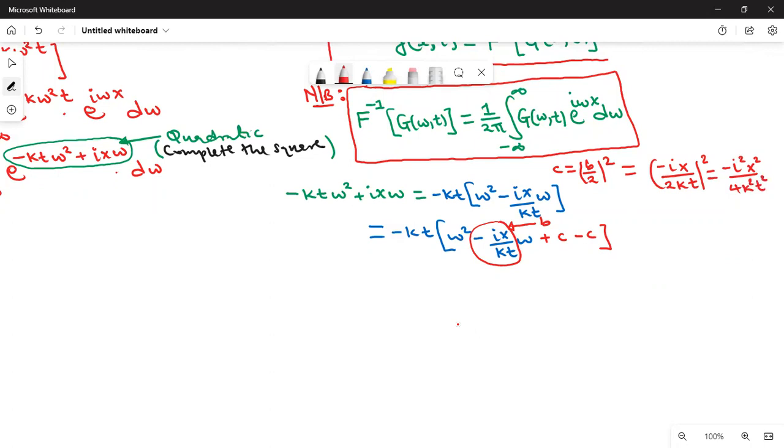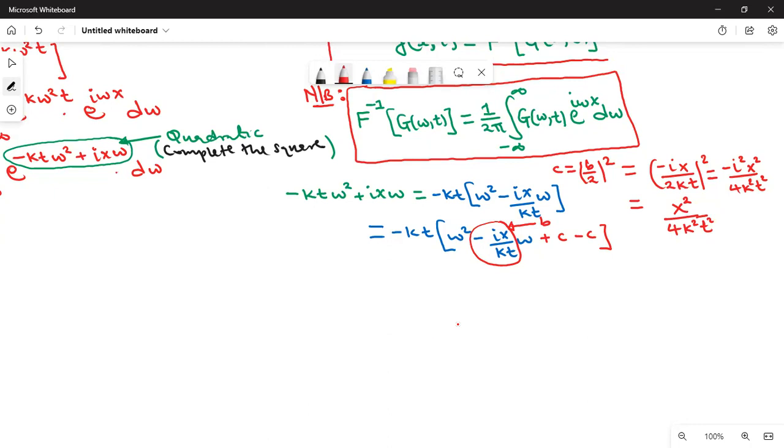Remember i squared is negative 1, so this will simply give us x squared over 4k squared t squared.